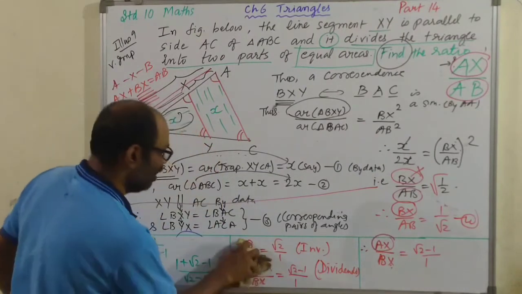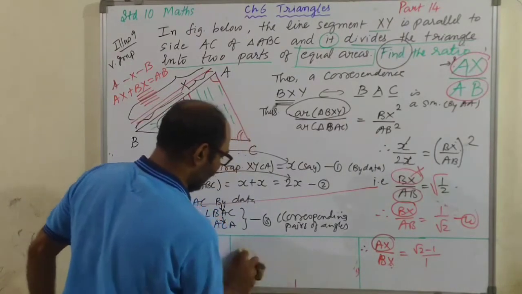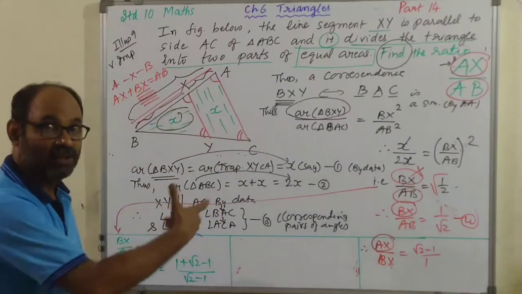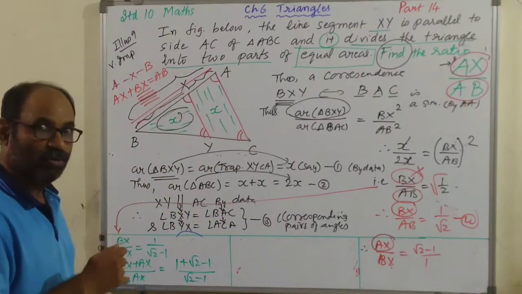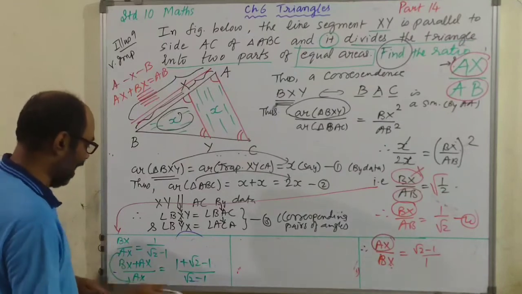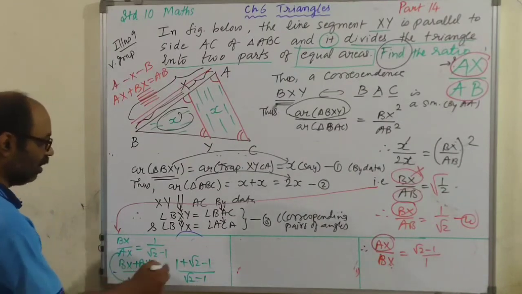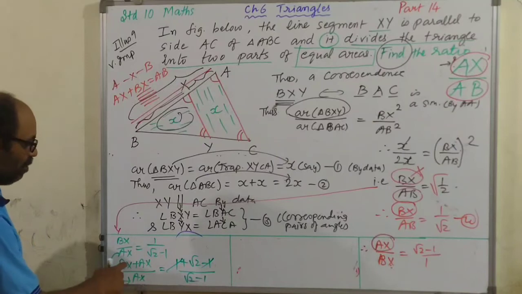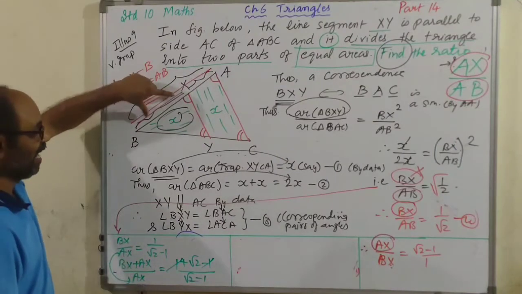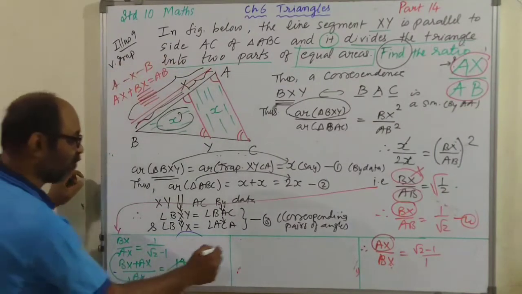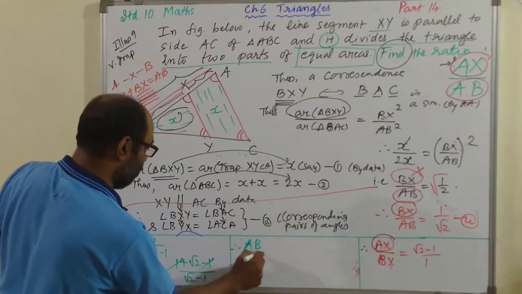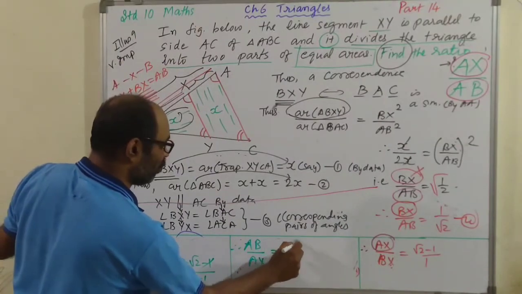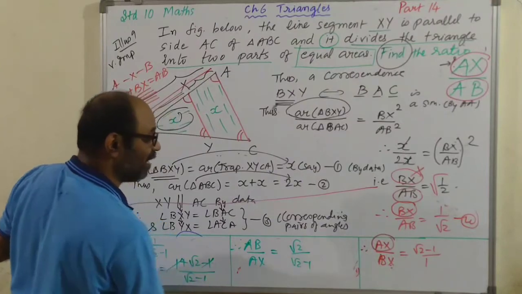Is that clear? I have made a mistake and maybe थोड़ा complicated कर दिया. But you see the video, see back, okay? Now see, plus 1 minus 1 is gone. BX plus AX. BX plus AX is AB, that is wanted. Therefore, AB upon AX is equal to root 2 upon root 2 minus 1.